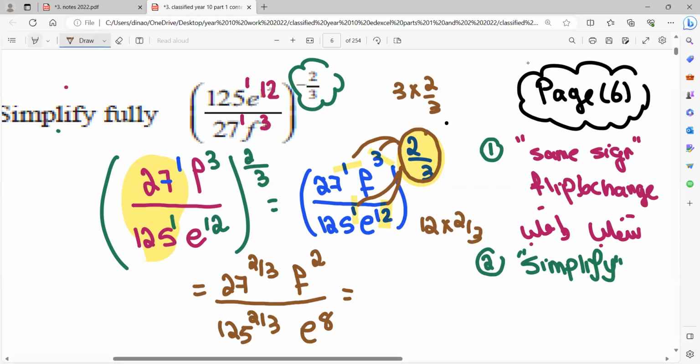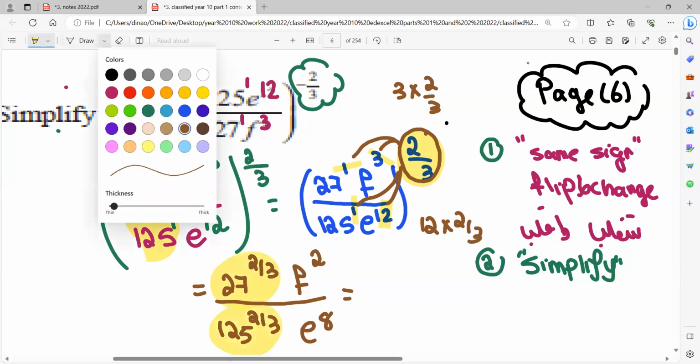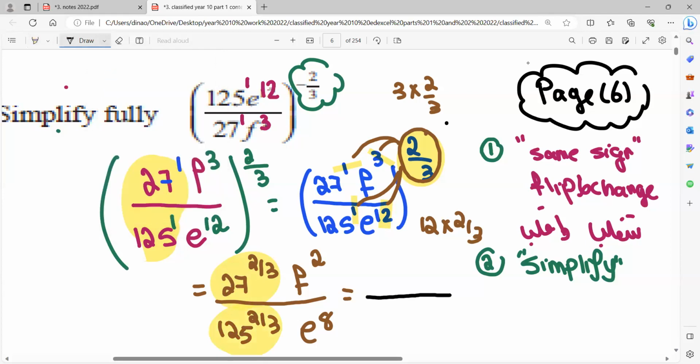Now you need to do all the numerical part on the calculator, this and this. Okay? يا ريت ما نستعملش mental skills. So equals, on the calculator, 27 power 2 over 3, which is 9. And the F remains as it is.